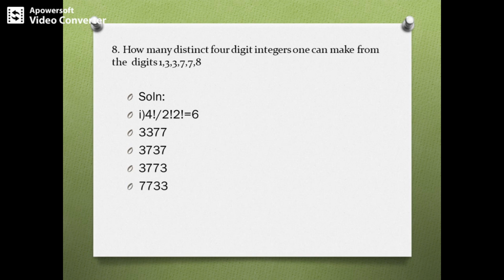Just by taking the identical digits we can get different 4-digit numbers. So how many such arrangements are possible? It is just 6. So this is the first choice wherein we can frame distinct 4-digit numbers by taking two of the 4 digits as identical and another two as identical.